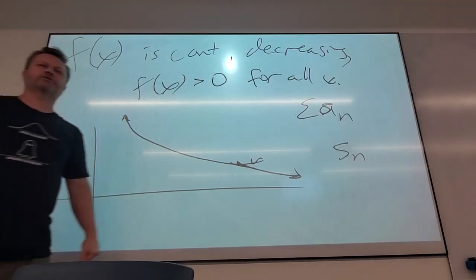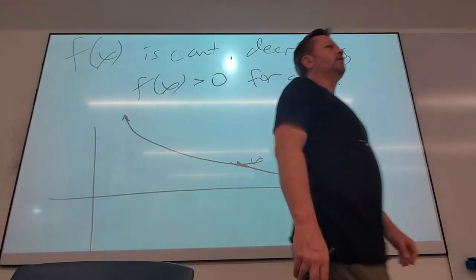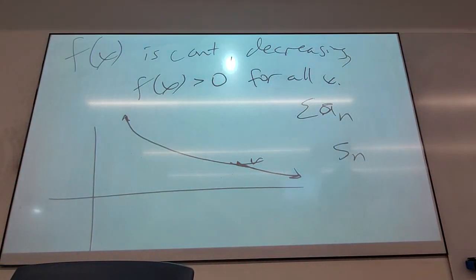What does nth partial sum mean? What was S1? The first term, A1. What's S2? A1 plus A2. So if I go to Sn, what's the next sequence element that I haven't added in? N plus 1. A(n+1). Is everybody with me?